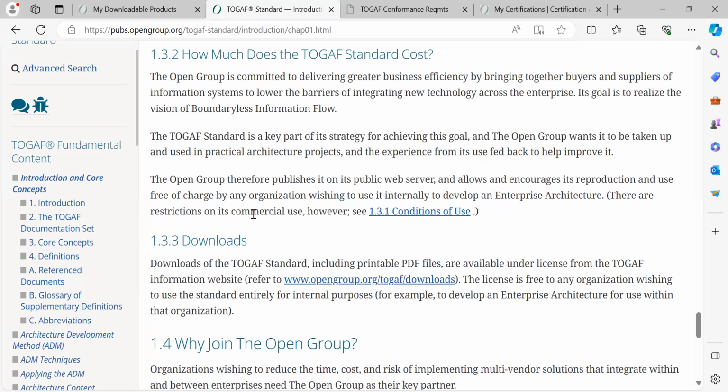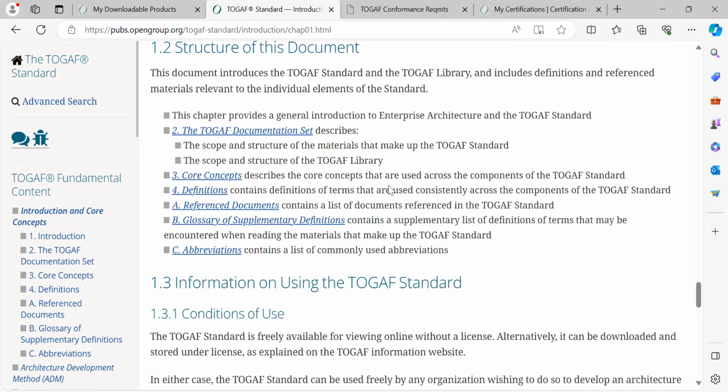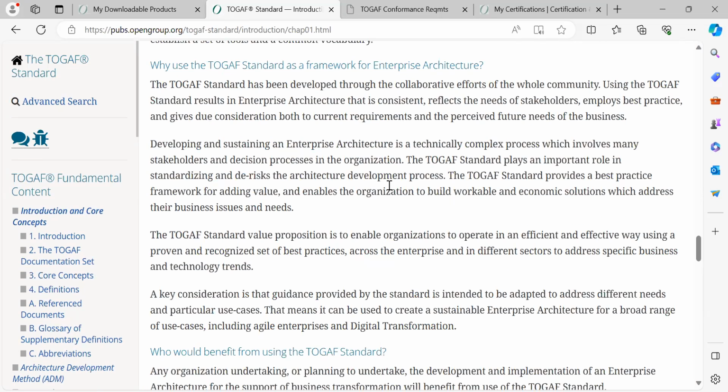If you look at the digital edition, obviously we are looking at the fundamental content, because I'm coaching you all to pass your foundation certification. At this point of time, I'm not focusing on the practitioner, I'm focusing on the foundation.